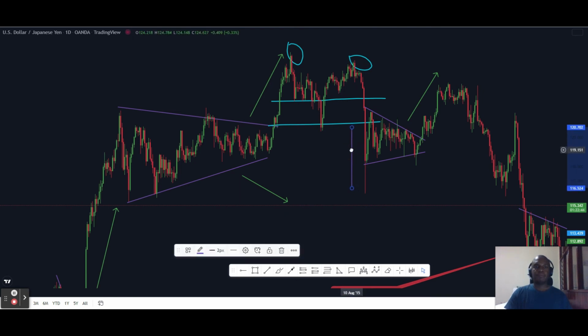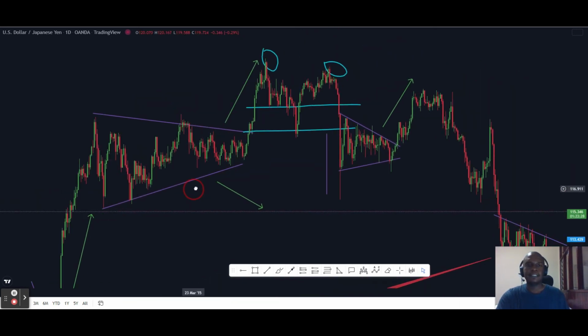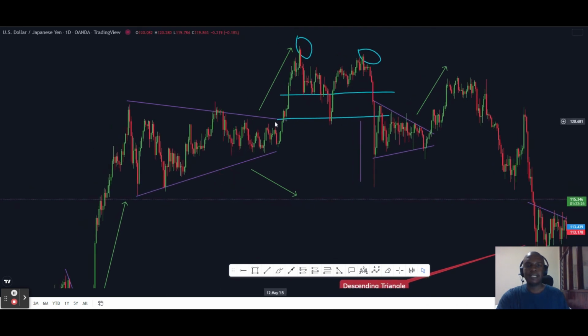So this one, you remember we started with it, a double top, that whenever you see it is actually showing you that there will be a reversal. You remember that we are in a bull market, and people have their buys in after the symmetrical triangle.